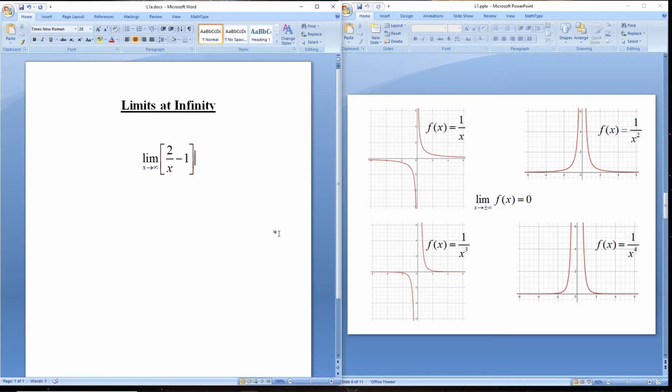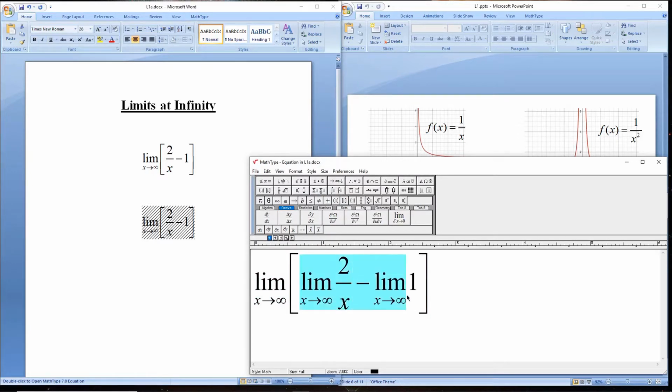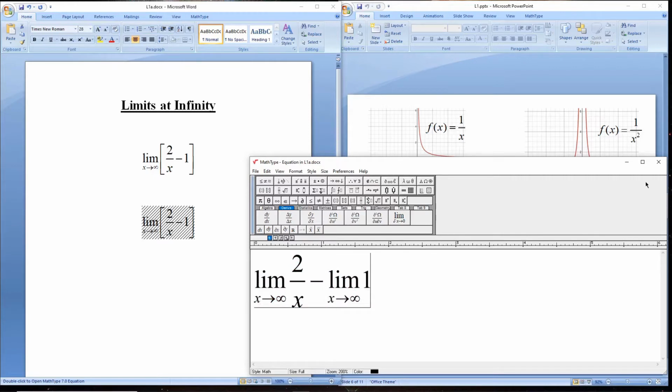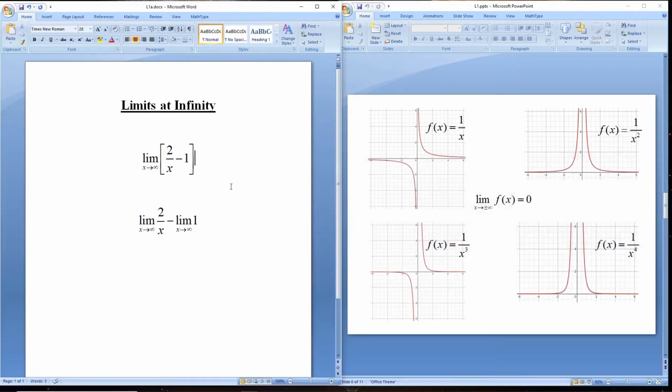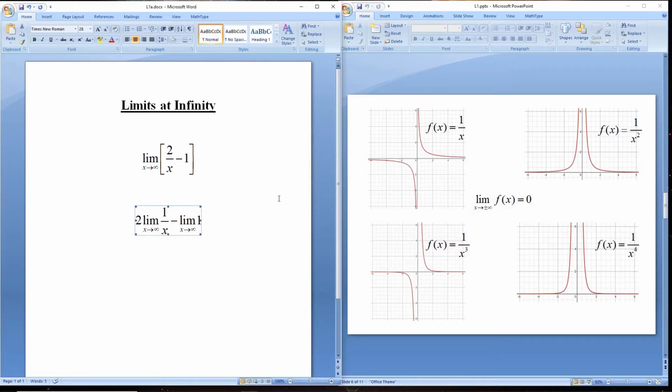So let's say we have this limit here. The first thing we can do is use some limit properties on this because we know the limit distributes. And so we can have it equal that. Now we also know that constants we can pull outside the limit. And here now is our limit of 1 over x.